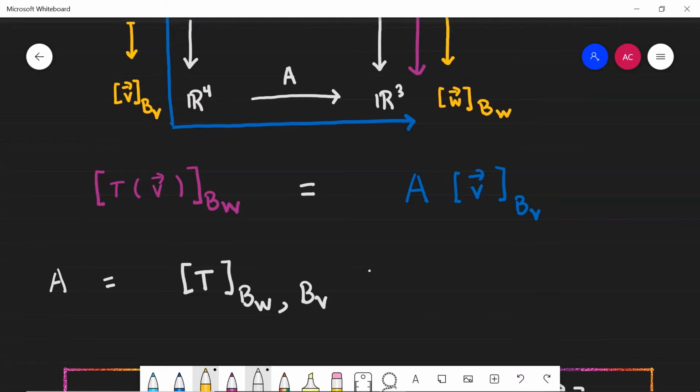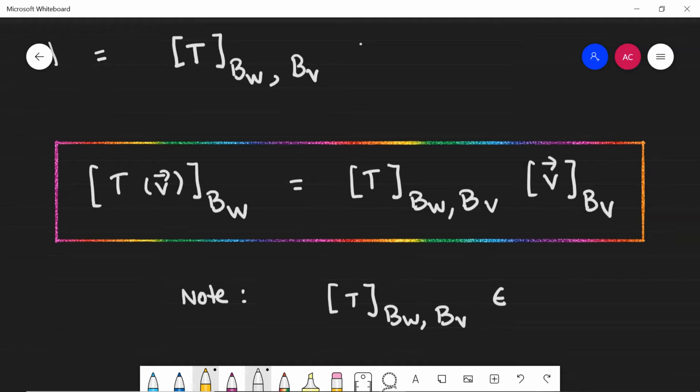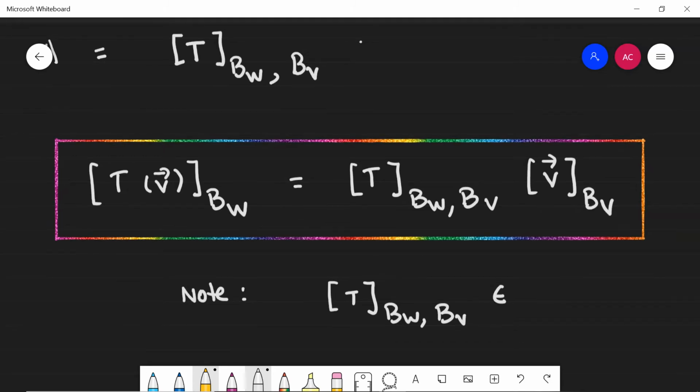Over here in the diagram, I called it the matrix A, but it's taking a vector in R4 and I'm multiplying on the left by some matrix to get a vector in R3, right? So I know I have to have a 3 by 4 matrix. So this matrix has to be a 3 by 4.